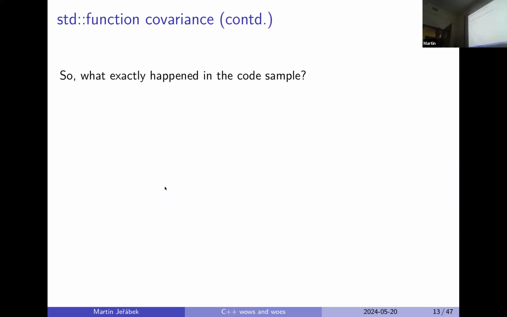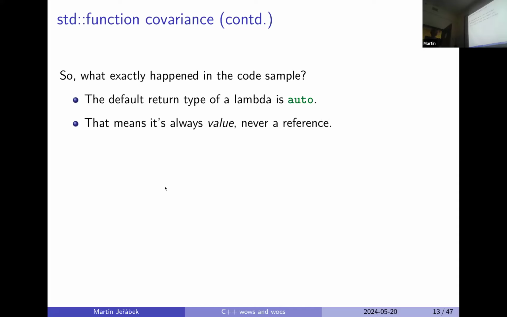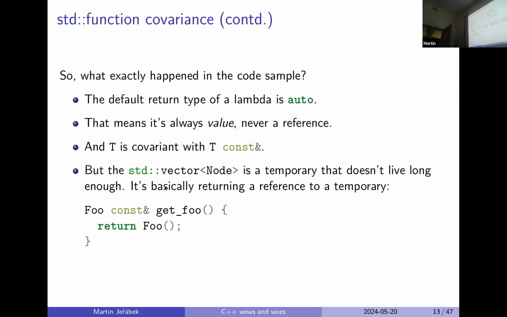What exactly happened is that the default return type of lambda is auto. That means it's by value, never by reference. And T is covariant with T const ref, which means you can convert a value type to its constant reference. When you do that, you have a vector temporary which you take a reference to, and it doesn't live long enough.